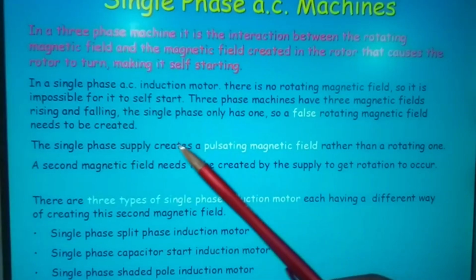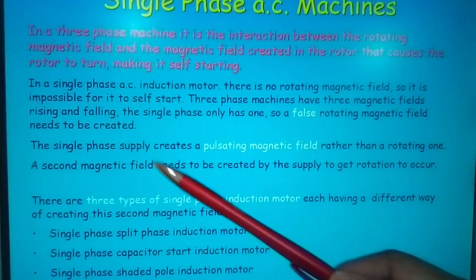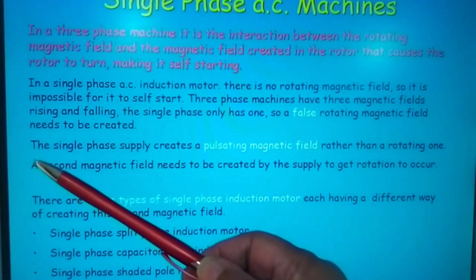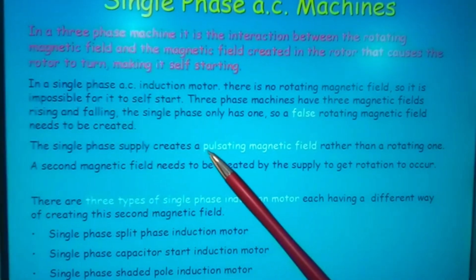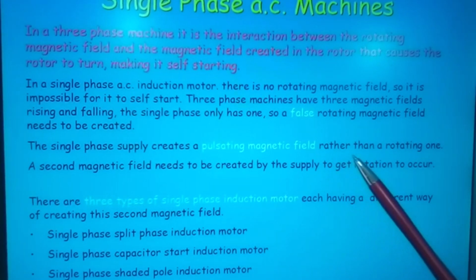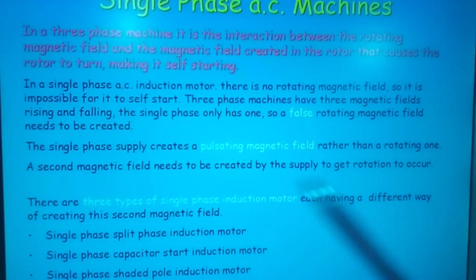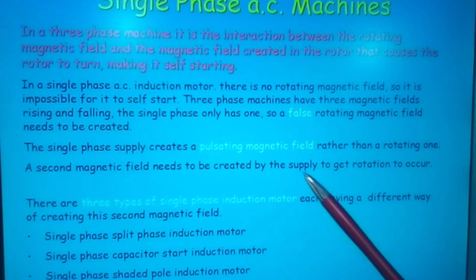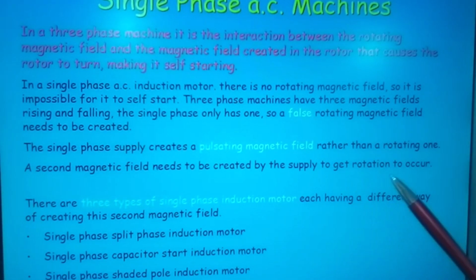And this is how we're going to create that false magnetic field, to give the impression that it is a rotating magnetic field. The single phase supply creates a pulsating magnetic field rather than a rotating one. A second magnetic field needs to be created by the supply to get rotation to occur.